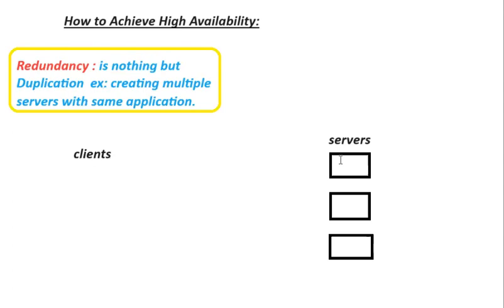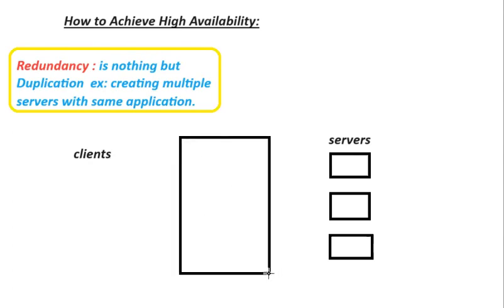I need to provide a common distributor IP address, where the distributor's task is to distribute the traffic. So let's say there is a distributor in between my clients and my servers. This is the distributor.